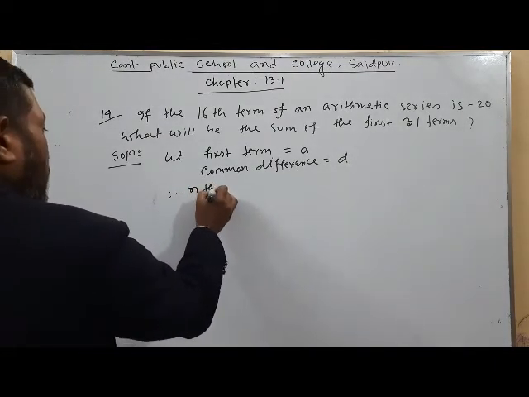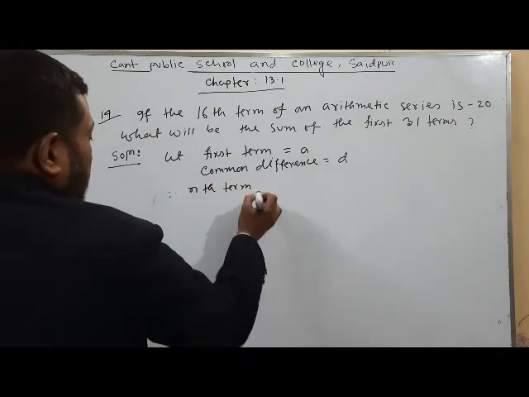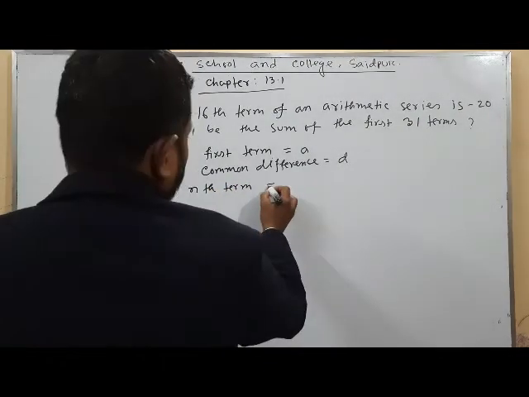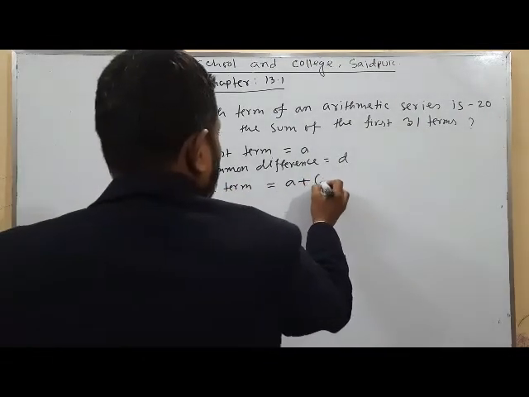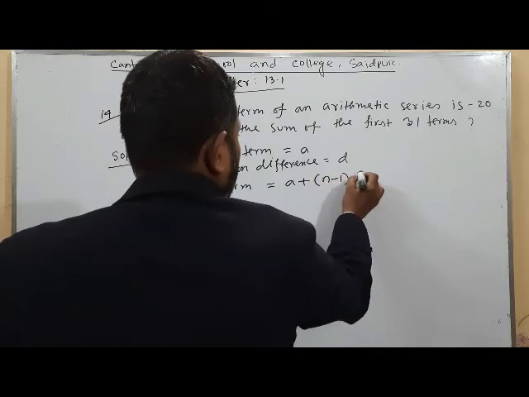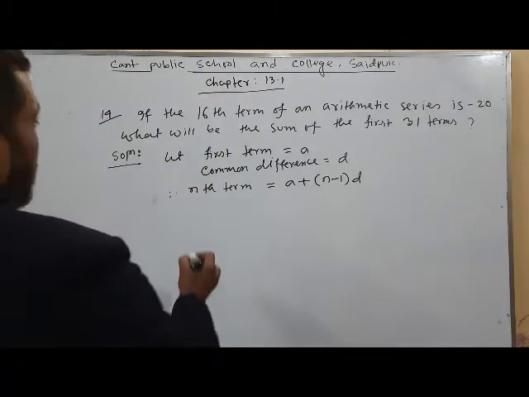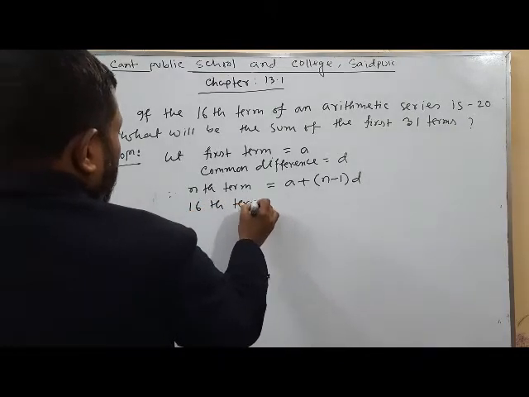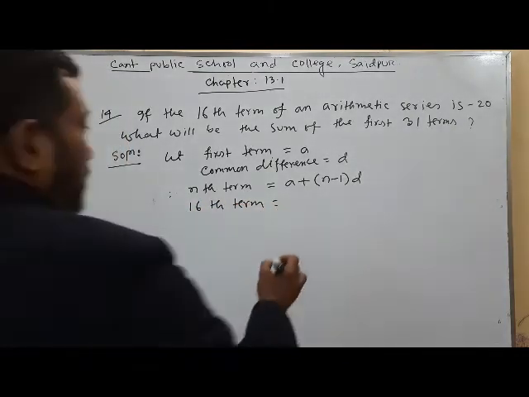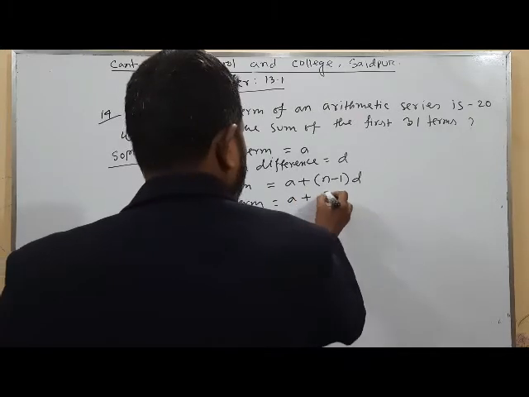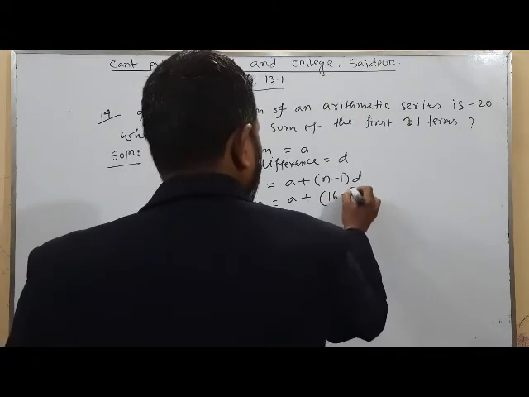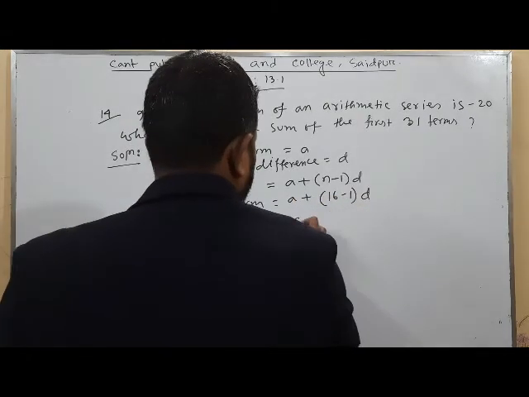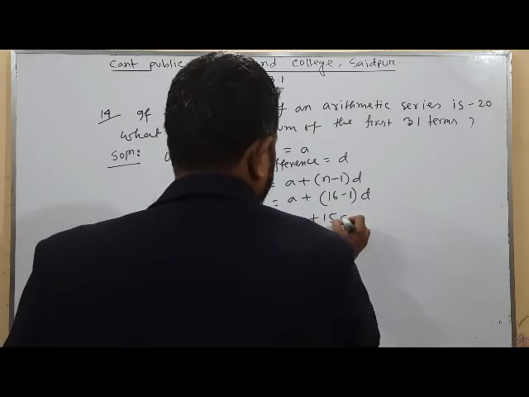The n-th term of the series will be A plus (n minus 1) into D. So what will be the 16th term of the series? Here A plus (16 minus 1) into D, that is A plus 15D.